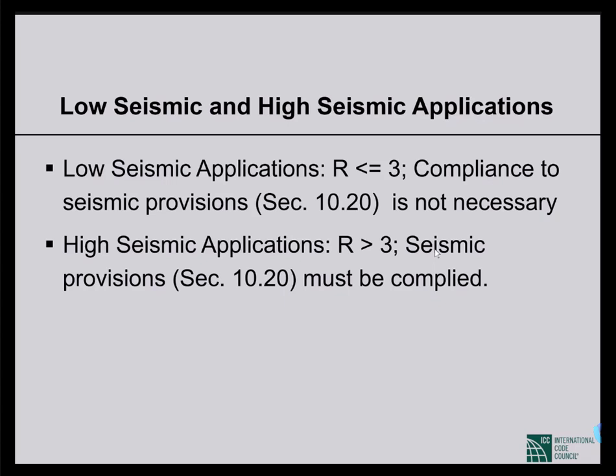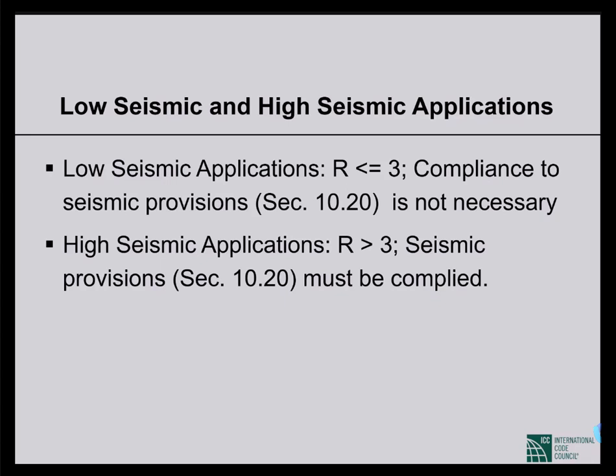It is said that the seismic provisions, which is the last section of chapter 10, we have to comply with that if the R value, that is response reduction factor in seismic loading, is considered more than 3, that is, we reduce the load for considering the inelastic capacity of the structure.